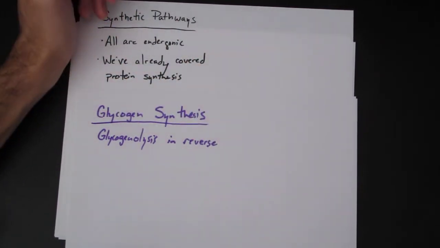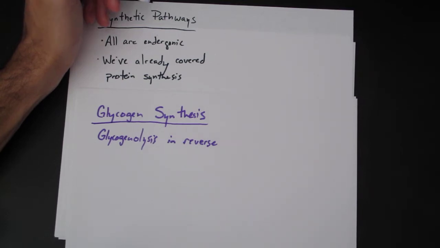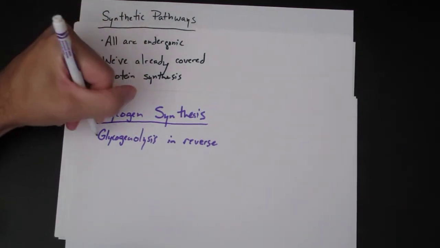Glycogen is the primary way in which we store carbohydrates. Most of it is in our liver. We do store a little bit in our skeletal muscles as well. And in order to metabolize it, we have to break it down, right? And that's glycogenolysis. But storing it as glycogen is a relatively simple process.